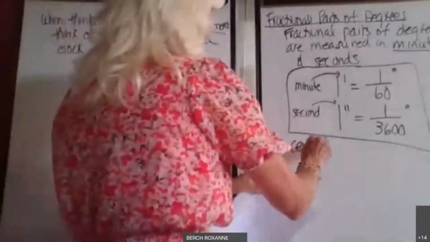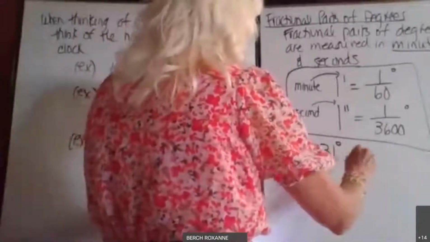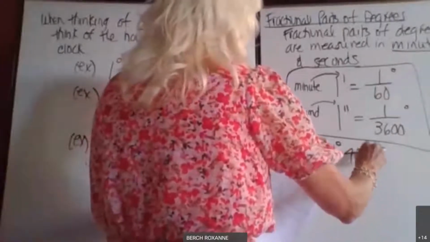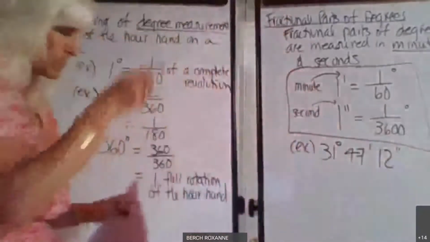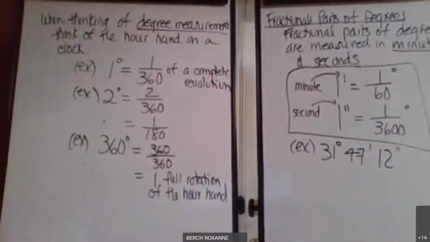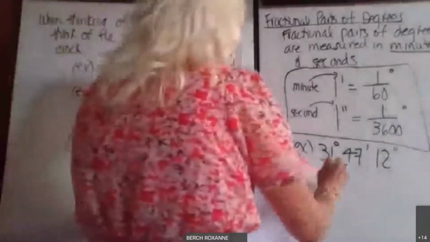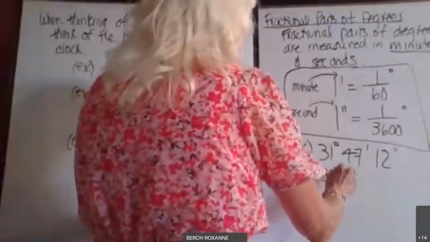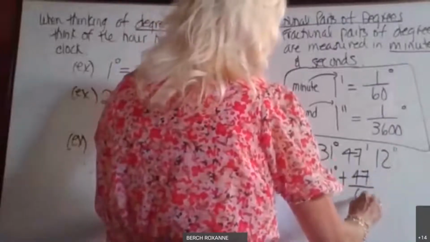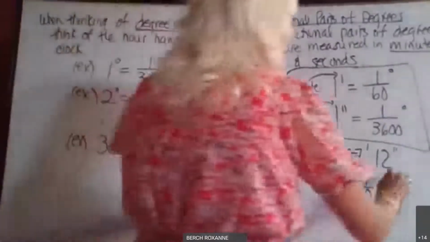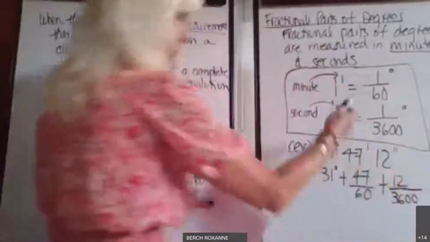So for example, let's say we had 31 minutes, I'm sorry, 31 degrees, 47 minutes and 12 seconds. If we were to do this by hand, which we're not, we would say, okay, well, that means 31 degrees plus 47 over 60 degrees plus 12 over 3,600, which is what I gave above.